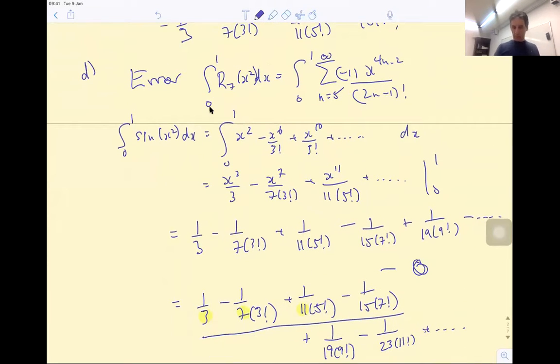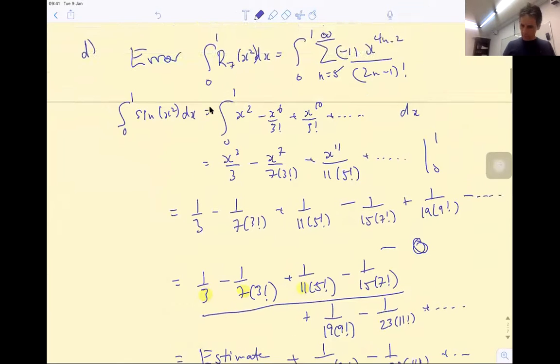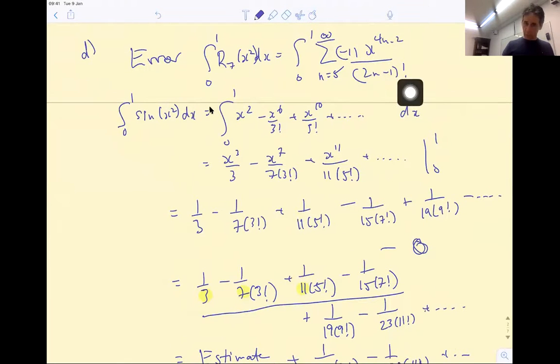Well, you would take your 4n minus 2 up here when you integrate it and add 1 to that, and that's why we were dividing every time by 4n minus 1, okay? And then you have a 1 on the top, that stays the same. And then next to here, this other bit would have been the 2n minus 1 factorial.